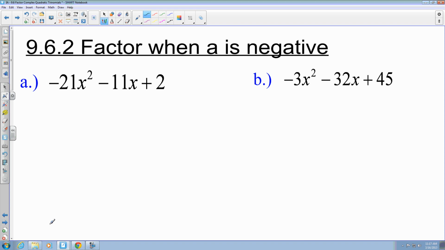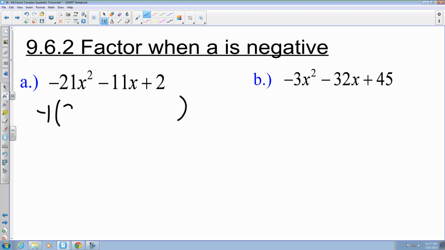Here is us trying to factor out when our a is negative. I've talked about in the past that I don't particularly like having my highest degree coefficient be a negative number. So what I'm going to do is factor out a negative 1 from the problem.